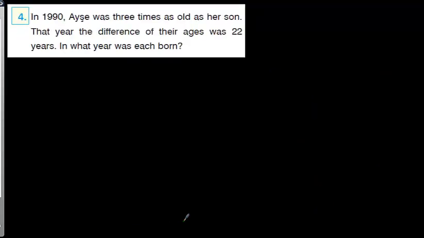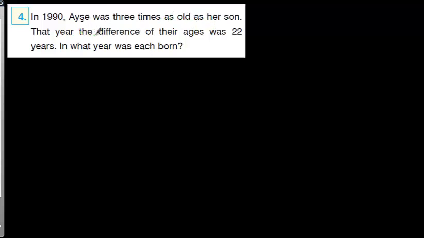Now this is the age problem. In the 1990s, Aisha was 3 times as old as her son. That year the difference of their ages was 22. In what year was each born? In the 1990s, Aisha was 3 times as old as her son.